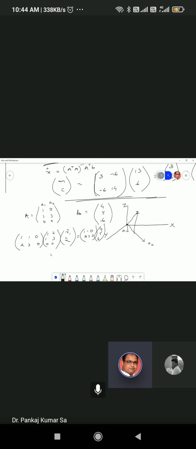So this becomes 1 1 0 times 1 1 0. This becomes how much? 2. This 2 when multiplied by 5. And this one is a bigger number. 2 into 2, 4. 3 into 3, 9. 13. Last one is 0.